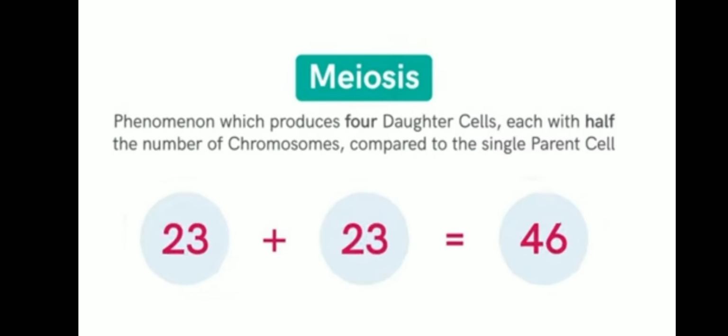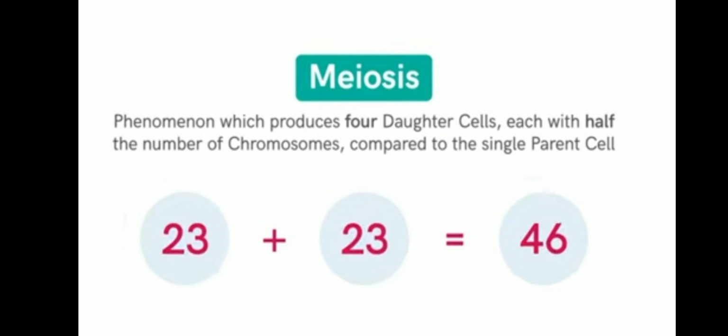Only 23 number of chromosomes are present in the male gamete and 23 number of chromosomes will be present in the female gamete, and that's why it can produce an embryo with 46 number of chromosomes. Naturally, the DNA or the cell should have only 46 number of chromosomes.